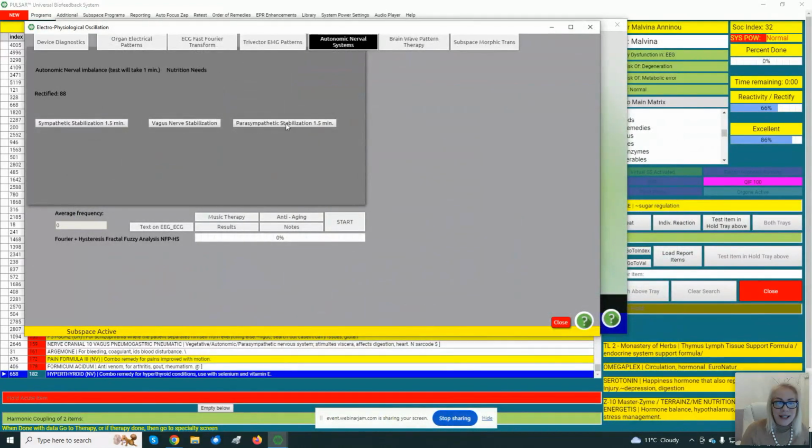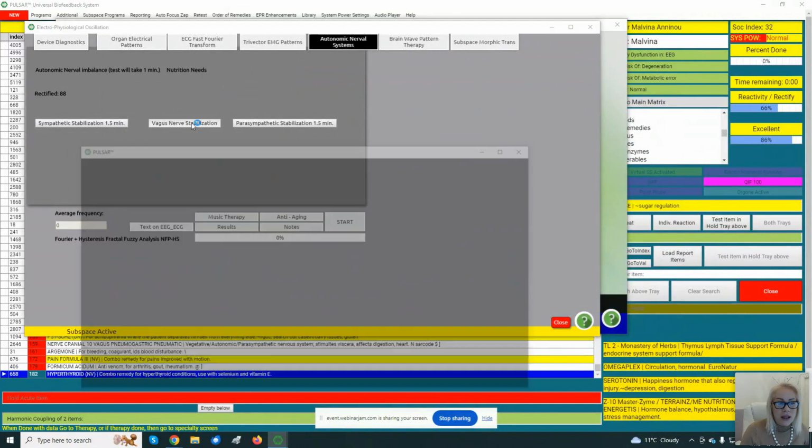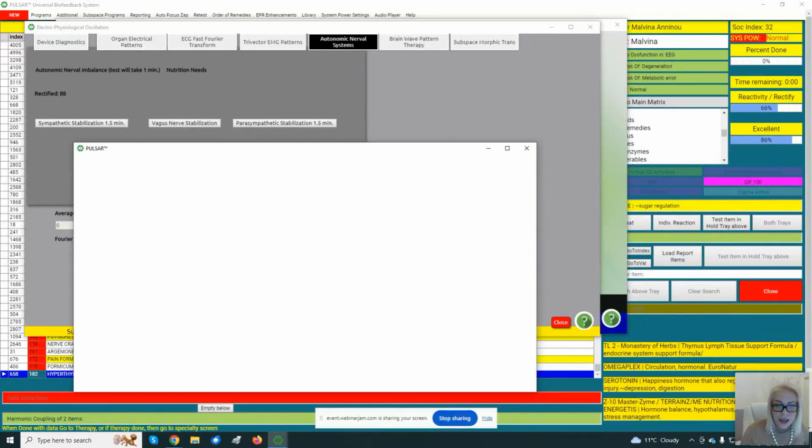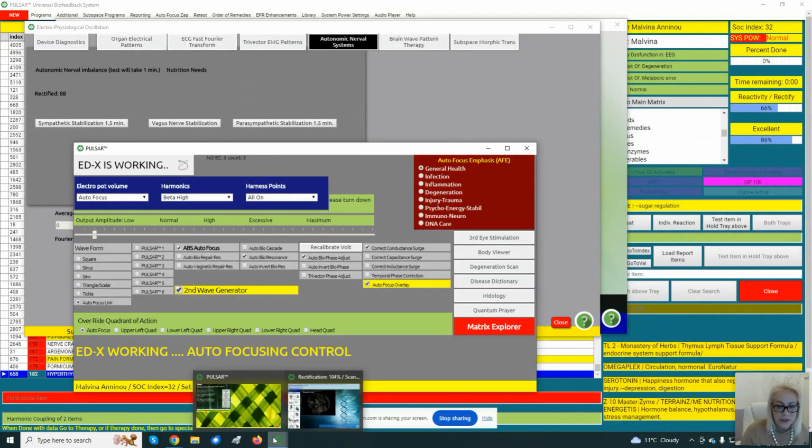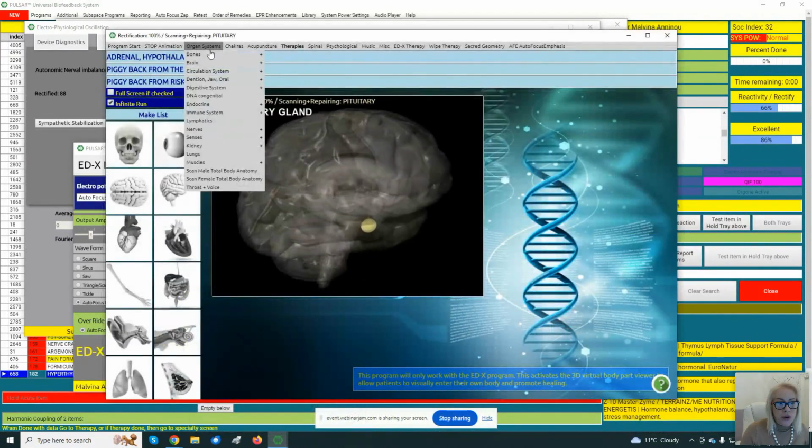So I got an 88 on the parasympathetic. Let's do one more, the vagus, and then the sympathetic to get them all up there. What else can we put here?